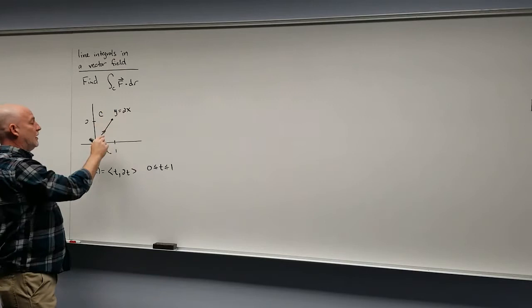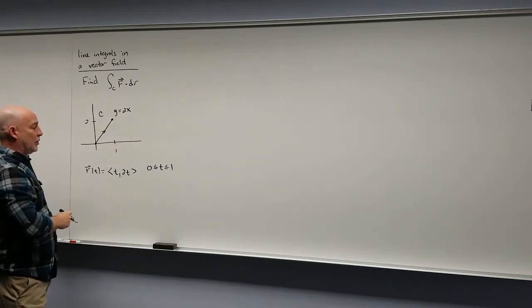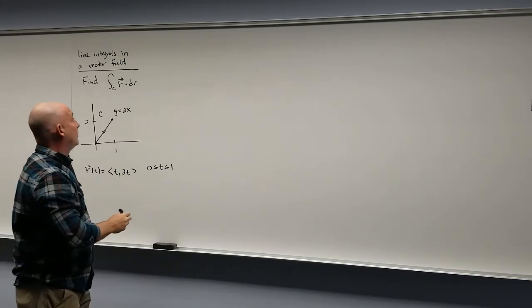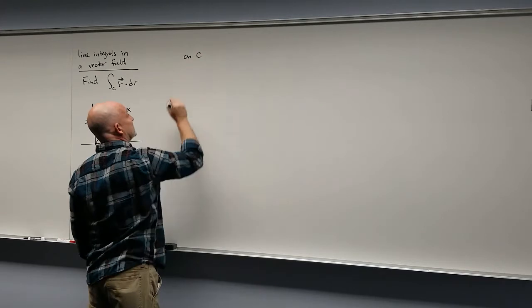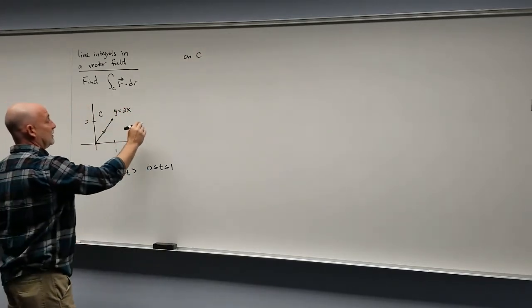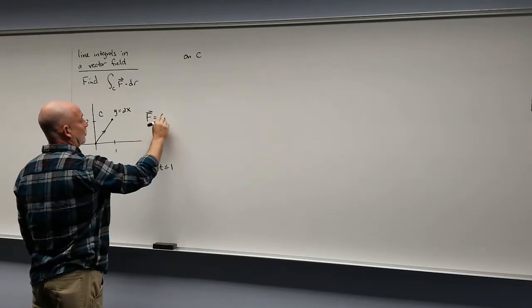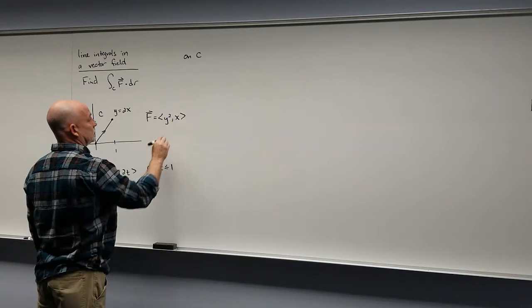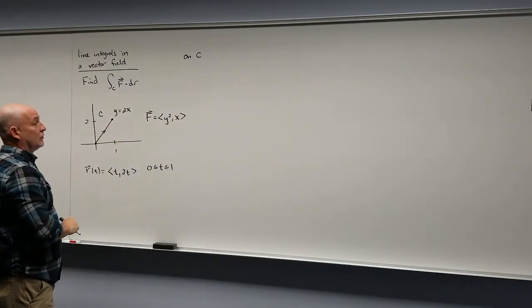So let's see if we can find the work done by moving something from the origin to that point 1, 2. So we would set this up. We need to figure out what F is. So on C, oh, I didn't give us a field. Let's say that our field here is y squared x. Just made that up. So a field has to be given so you know what field you're working in.